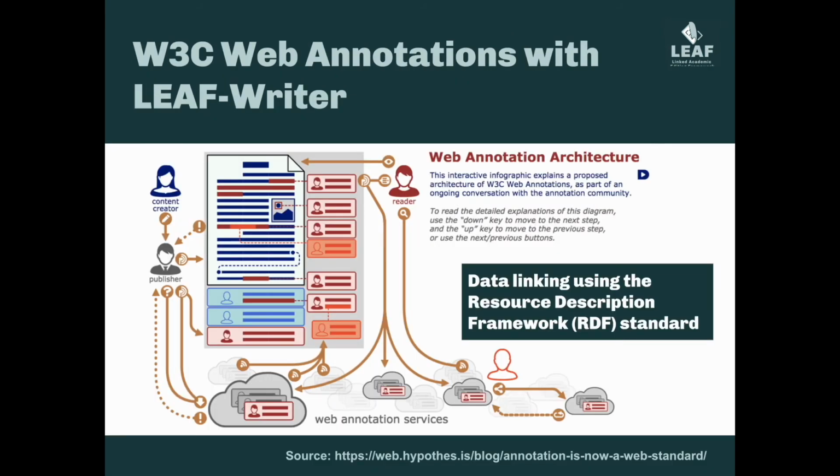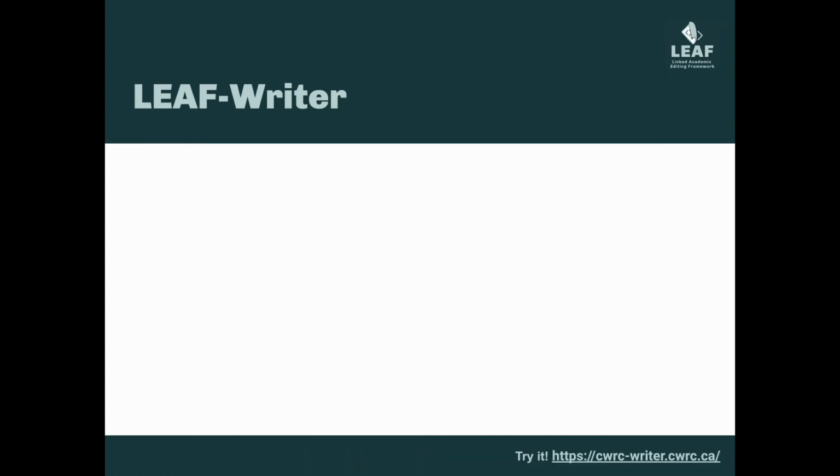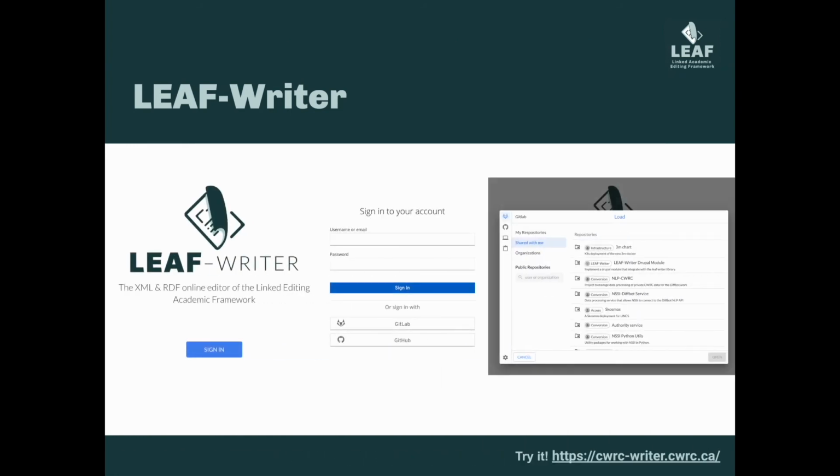LEAF-VRE can also use the IDs to create a web annotation using the Resource Description Framework, or RDF. By using linked data standards set by the World Wide Web Consortium, LEAF makes its content interoperable with other semantic web materials. LEAF-VRE is also available independent of LEAF and is modular for use in various software stacks. Other components like lookups are modular too.